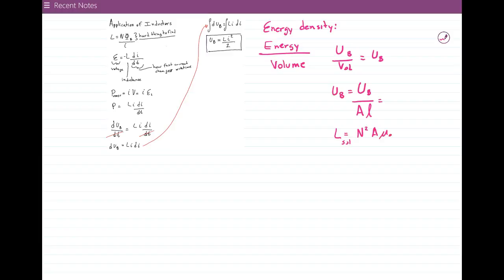That's what we found the inductance to be for a solenoid. Let's take that and plug it in here and see what we get. So if we do that, we have capital N squared A mu naught, that's L for a solenoid, times I squared. And we're dividing that by A l, but then we've got an l here too, so we've got A l squared. Right?